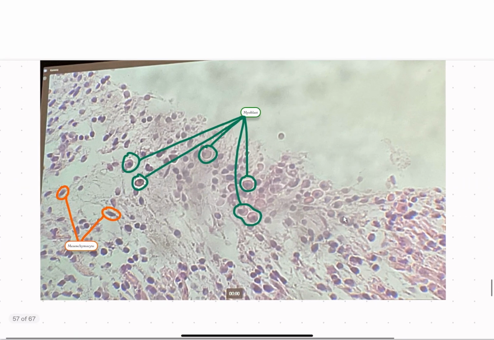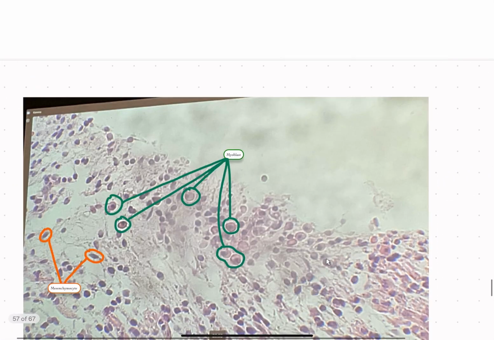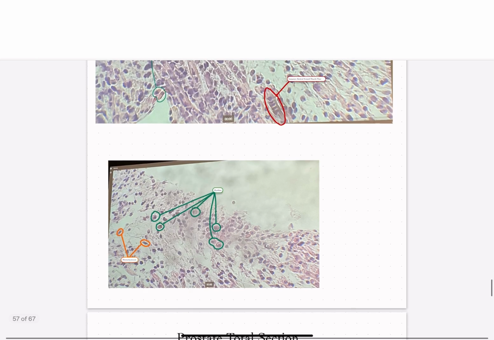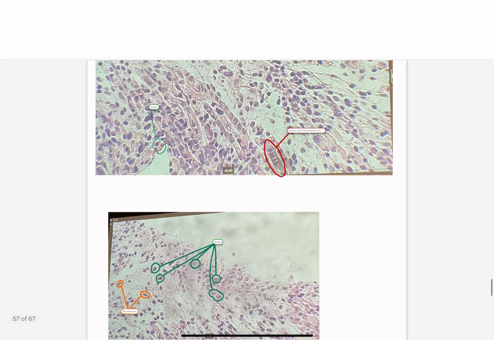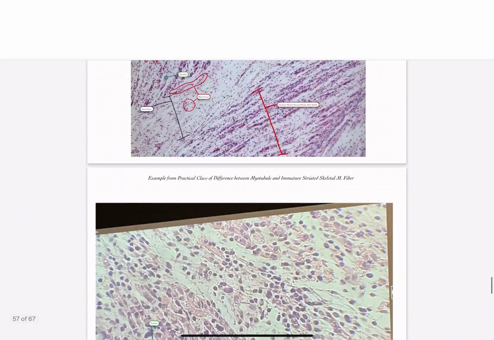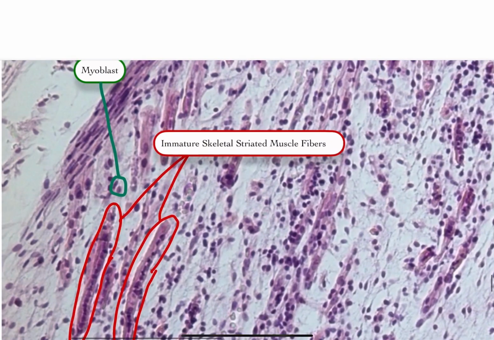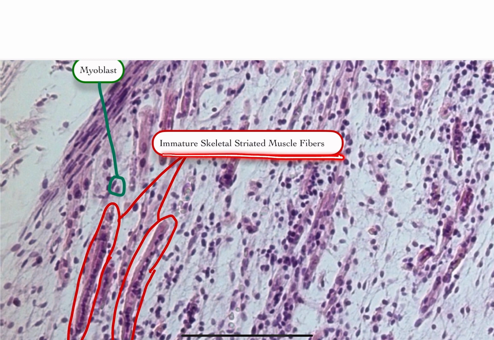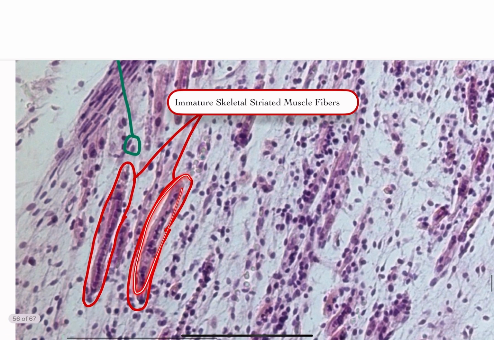And all of these can appear close to the hyaline cartilage within the immature skeletal striated muscle fiber area. Yes, so here we have the immature skeletal muscle fibers, one here and one here.